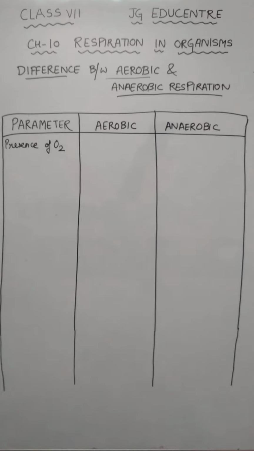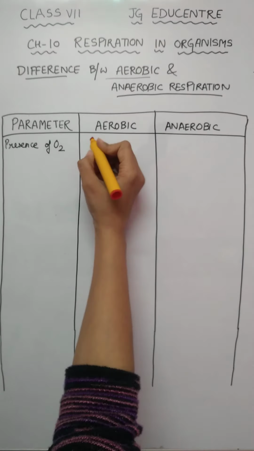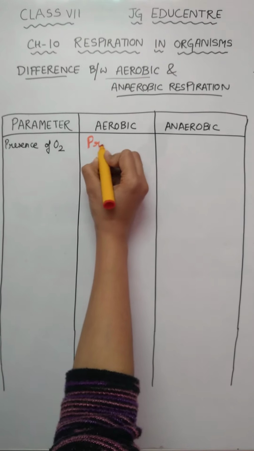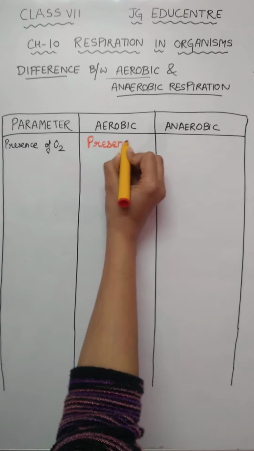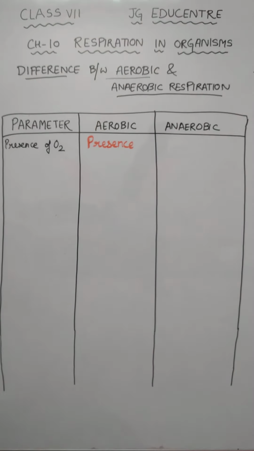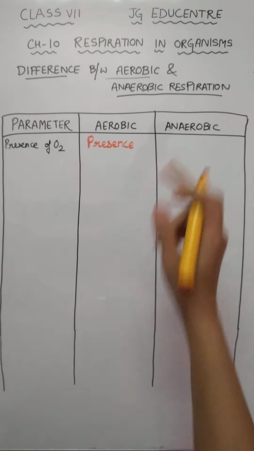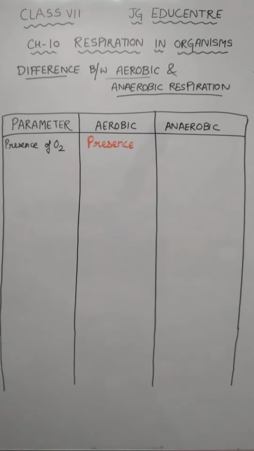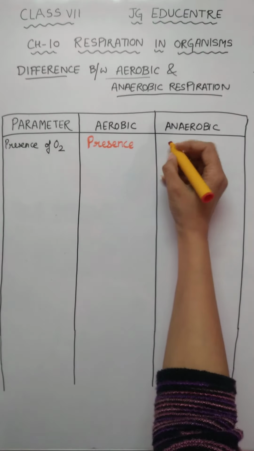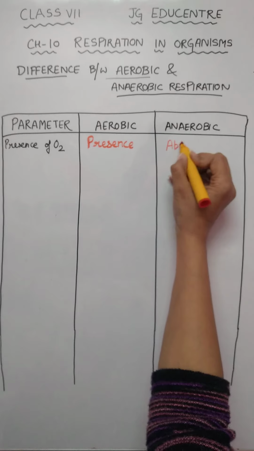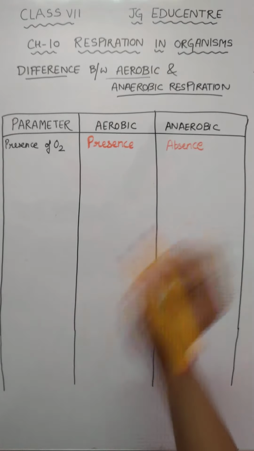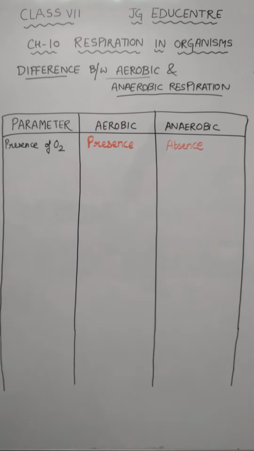In aerobic respiration, we will write the point that it takes place in the presence of oxygen. And in anaerobic respiration, we are going to write that it takes place in the absence of oxygen. So this is the first difference based on whether oxygen is required or not.